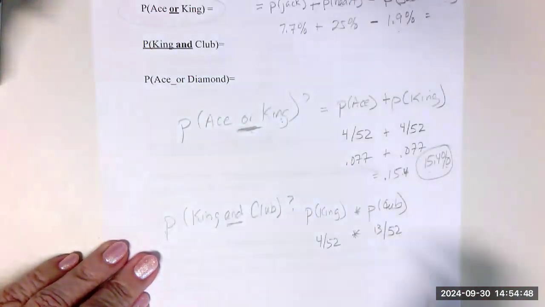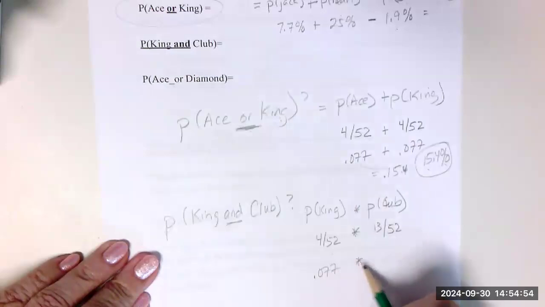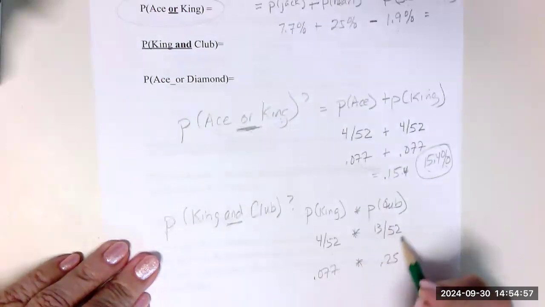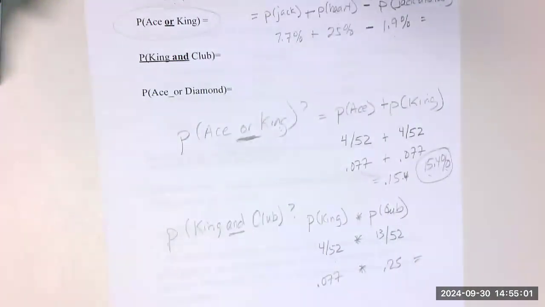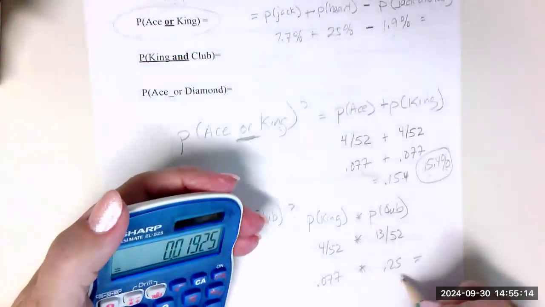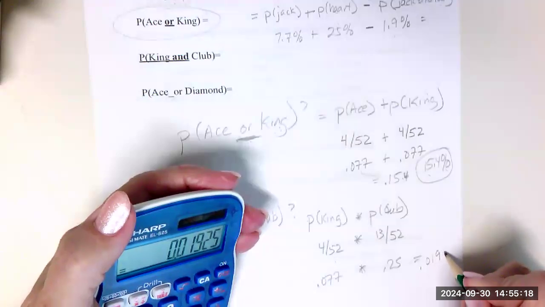You're going to put this in your calculator: 0.077 times 0.25. Let's see actually what it is. I've got my calculator right here. 0.077 times 0.25 equals, guess what? 0.01925.